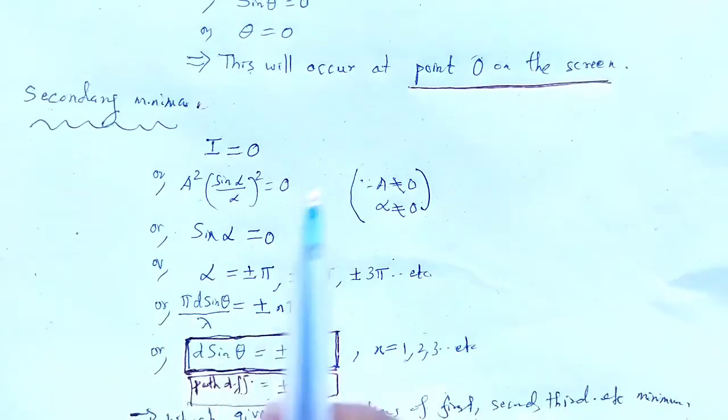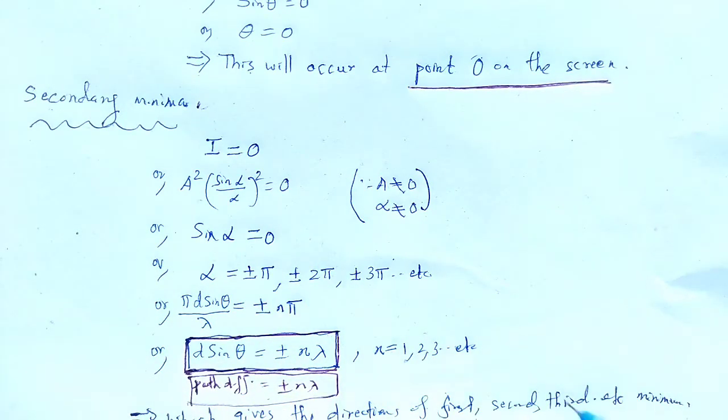First secondary minima, second secondary minima and third secondary minima can be evaluated by using that equation as pi, plus minus 2 pi, plus minus 3 pi and so on.